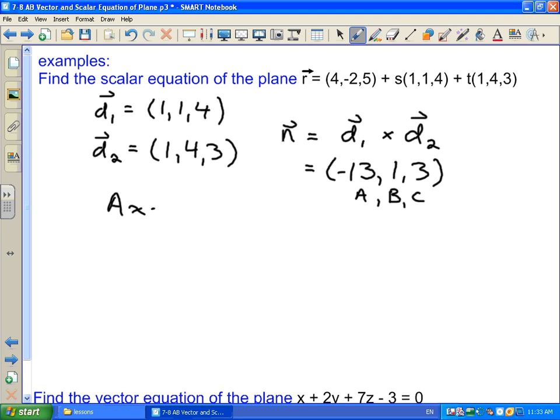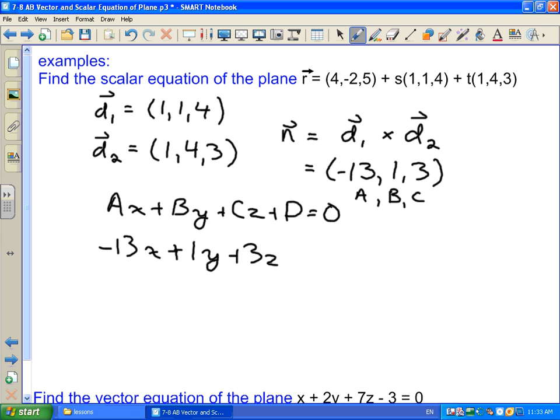So this was Ax plus By plus Cz plus D equals 0. We can do negative 13x plus 1y plus 3z plus D equals 0.